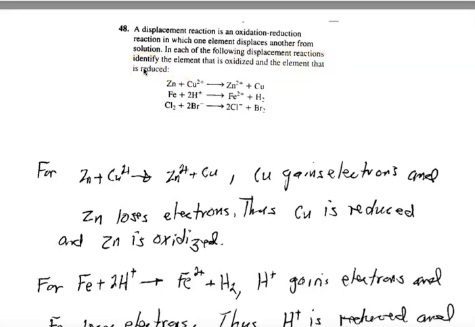Always, the element that is oxidized loses electrons in the process, and the element that is reduced gains electrons. You can't have one without the other. As something loses electrons, something else has to receive or gain those electrons.